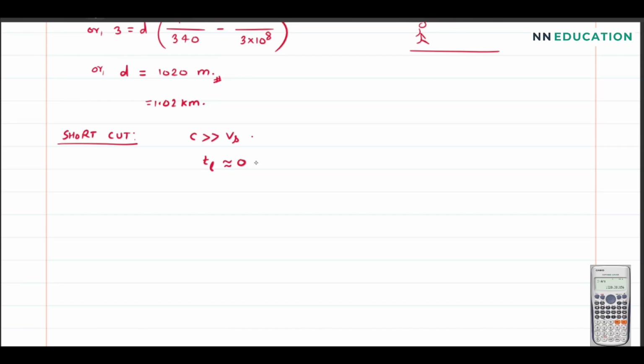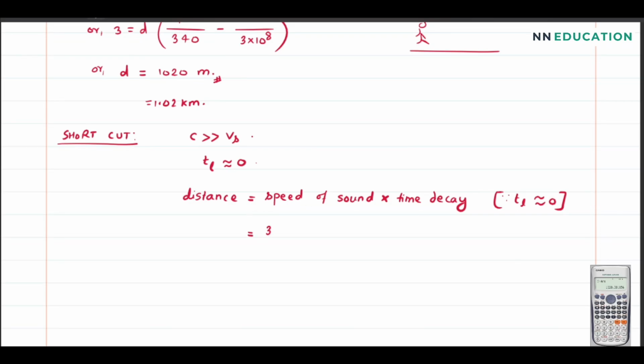So we can simply use distance equals speed of sound multiplied by time delay. Why we did this? Because the time taken by light is approximately 0.